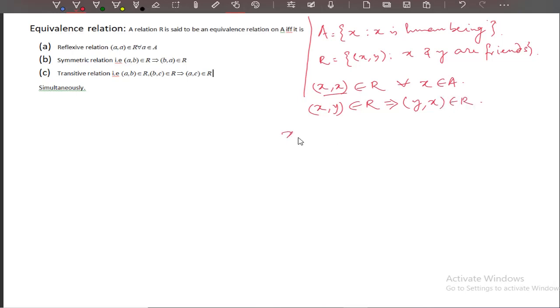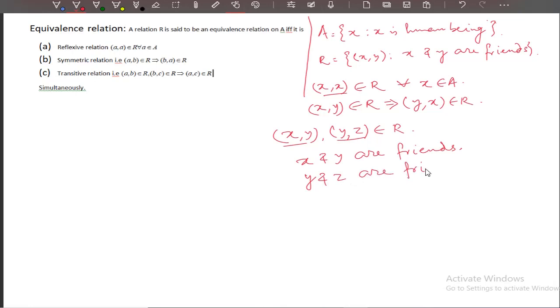Now take one more, (x, y), (y, z) belong to R. That means x and y are friends, and y and z are friends. Is it necessary that x and z are friends?